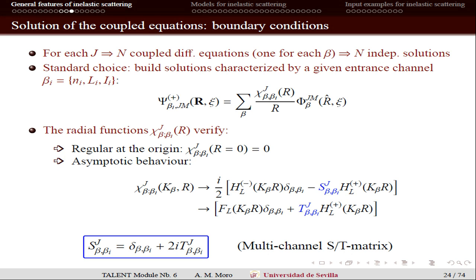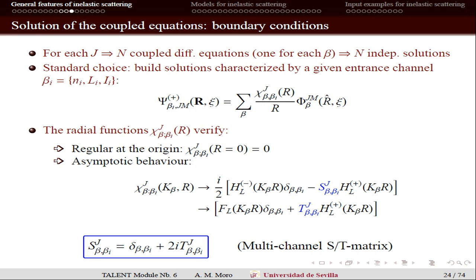So I characterize my solution not only by total J, but also by one beta of my choice. And how many solutions do I have of this kind for each J? I have n possible solutions, one for each beta.